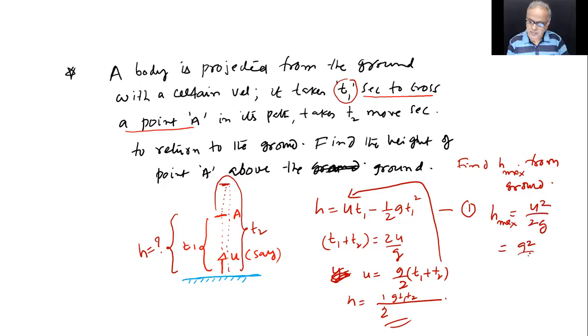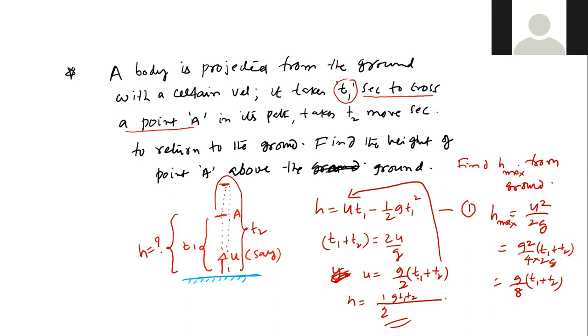So g square by 4 (t1 plus t2) whole square by 2g, so g by 8 (t1 plus t2) whole square. Is this right? Correct? Check it. u square, u is this one, t1 plus t2 whole square. Right.